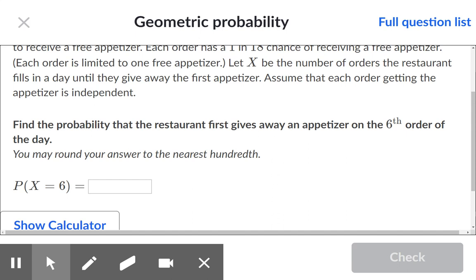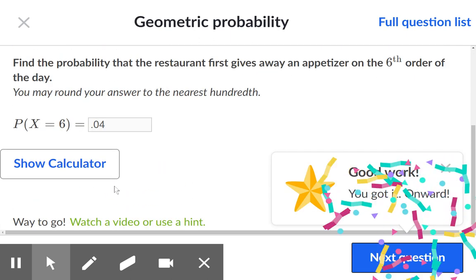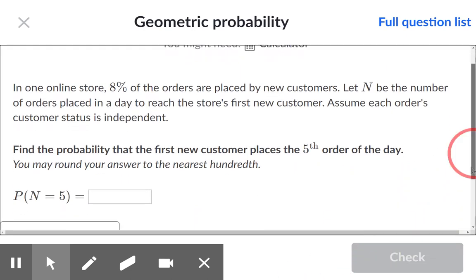The 6 is the trial, on the sixth trial. So 6 is your X value. So here, round to the nearest two decimal places, it's 0.04. Sweet.